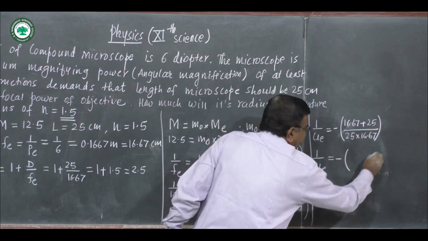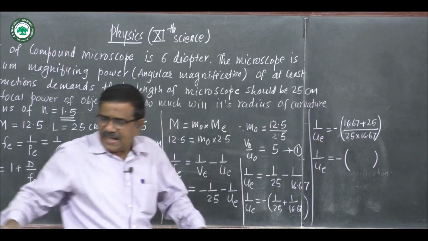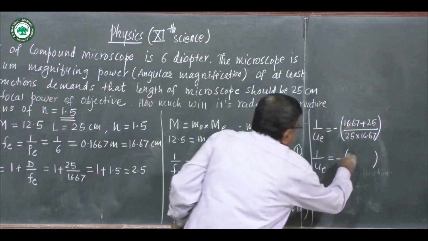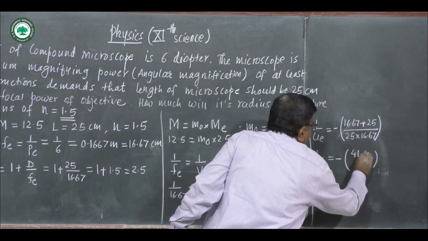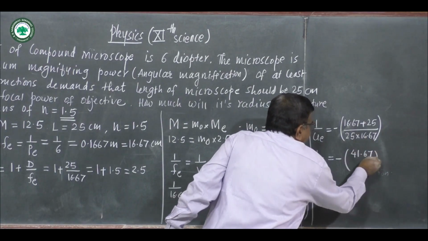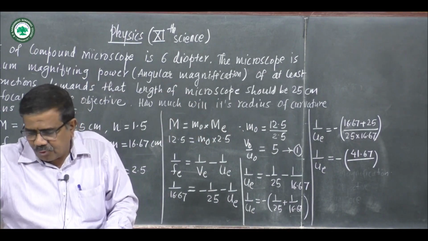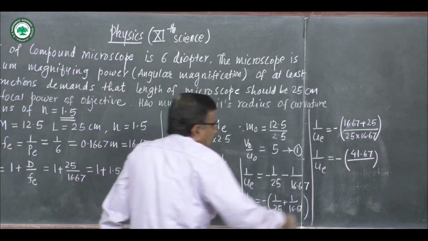The negative sign is there. The addition is 41.67, and the multiplication in the denominator is 416.75.